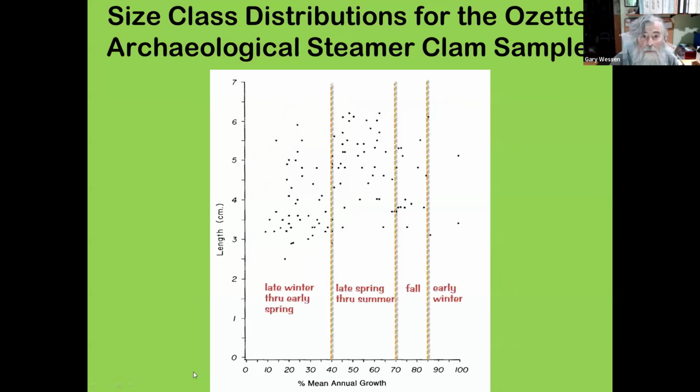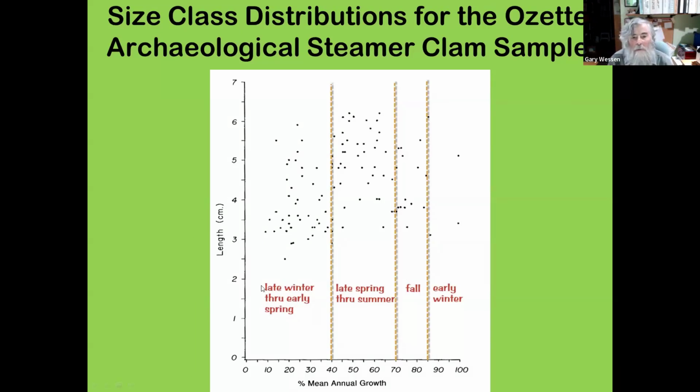Now, if I add the seasonal breaks for my seasonal scale to the distributions, we can see that the bulk of the collecting is going on late winter through early spring and late spring through summer. And there are two very distinctly different size class distributions going on here.